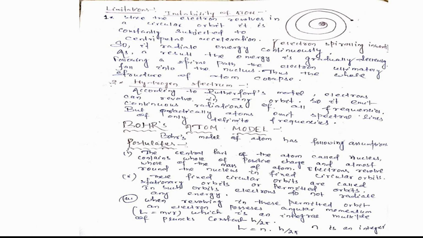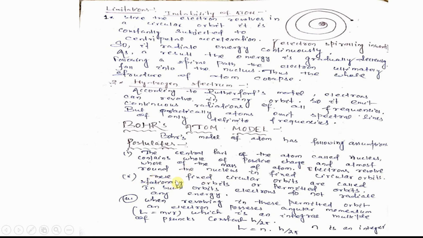First postulate: the central part of the atom is called the nucleus, which is the same as that of Rutherford, which contains the whole of the positive charge, and the electrons revolve around the nucleus in fixed circular orbits. He modified that the electrons revolve around the nucleus in fixed circular orbits, not moving here and there.